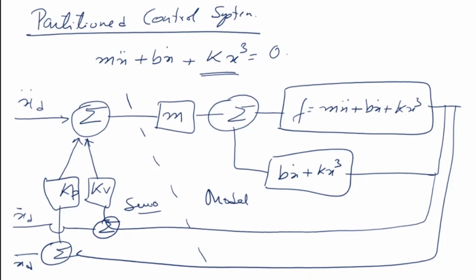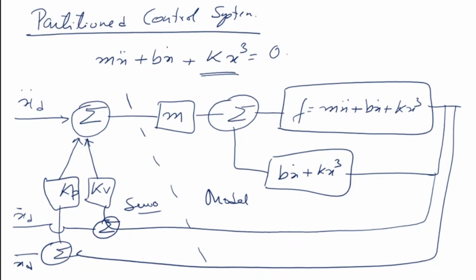The model part is the one that takes care of m, b, k, the nonlinear parameters. So in this system we are able to handle our nonlinearities, and this is one of the ways in which we can linearize the system. This is also sometimes called moving linearization, and it can take care of all nonlinear kinds of systems.